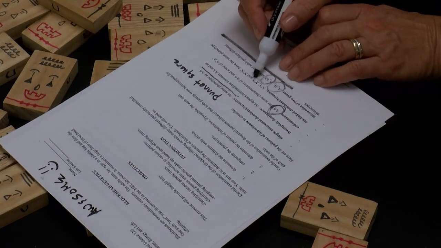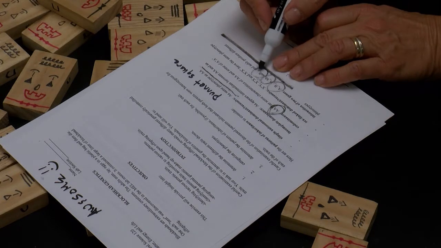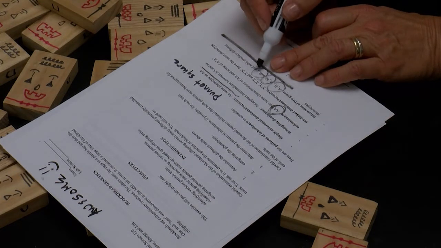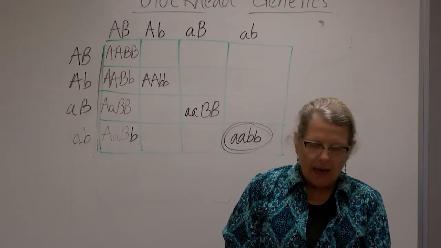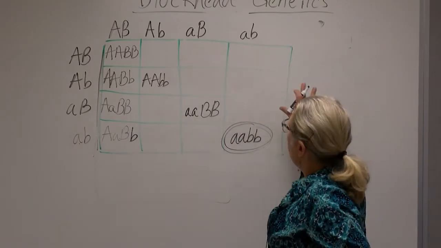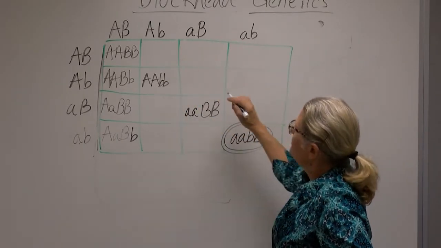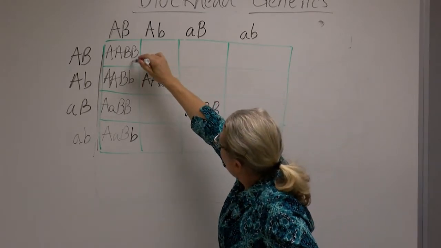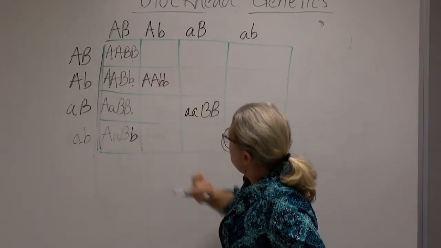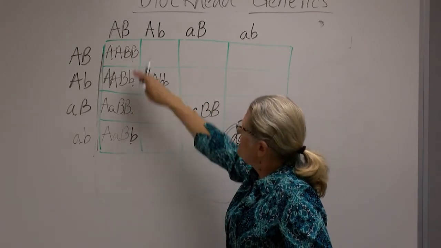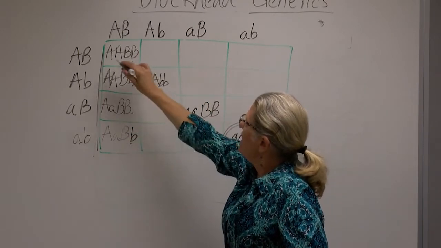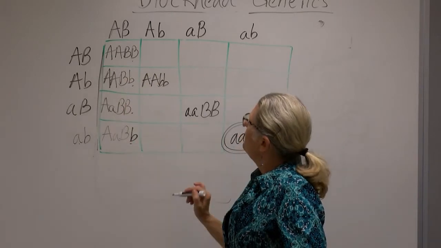Little a, big B, and then that line is there because it could either be a big B or a little b. That's going to look another way. And what we end up with when you do this whole square, if you look at this one, and this one, these all four have the same look because they have that dominant gene.